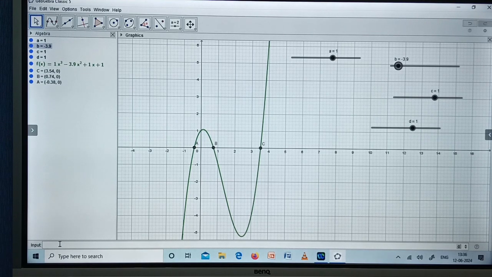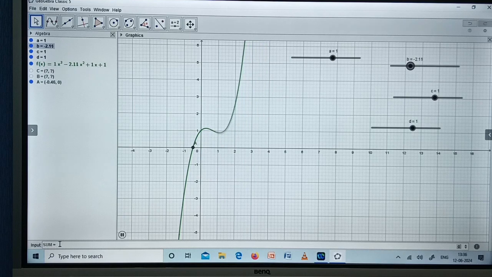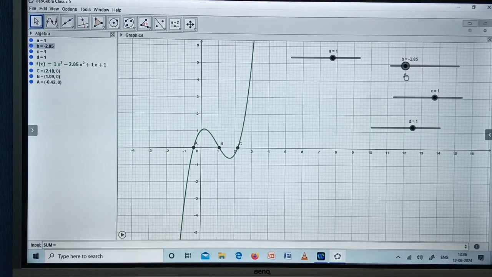I am going to write sum as A plus B plus C. Okay, now this is sum.